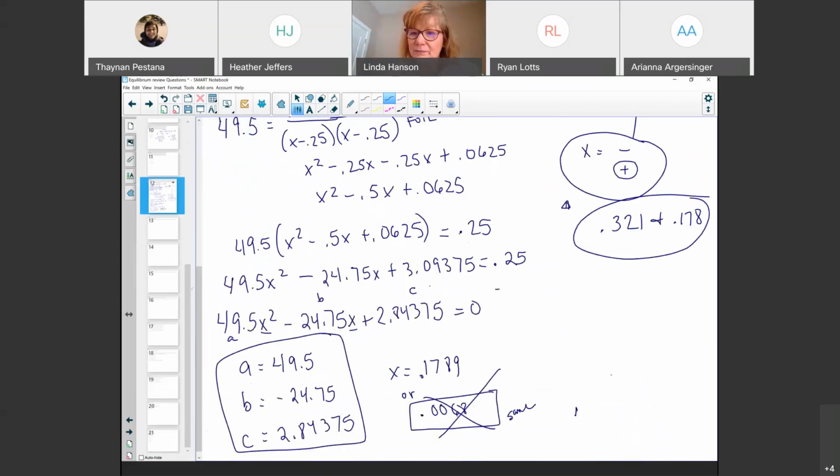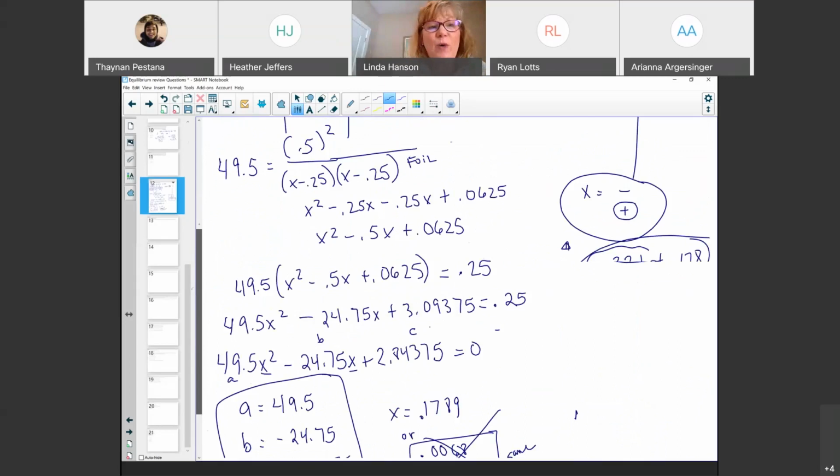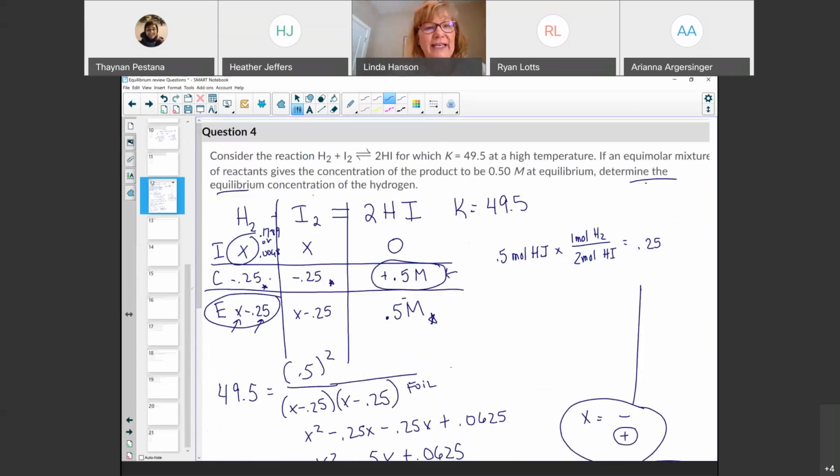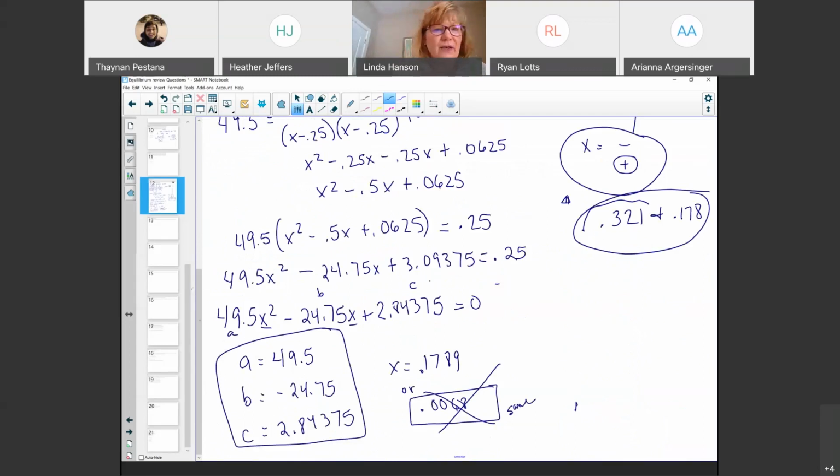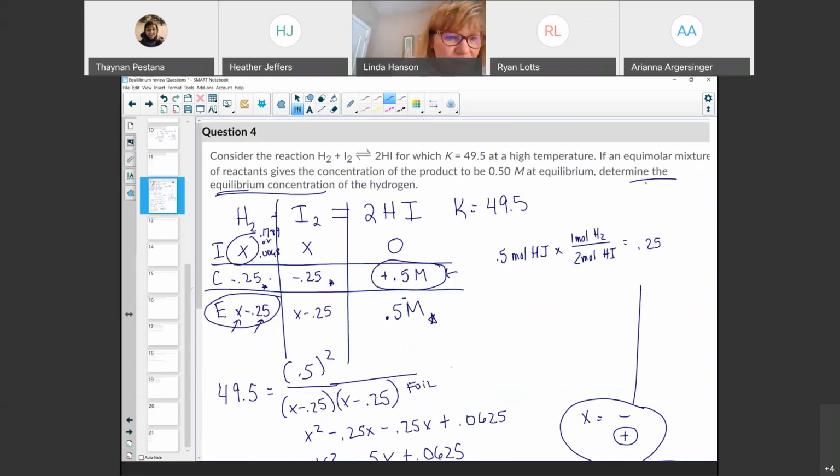So, quick question then, would the value that we pick for which one's the right one be 0.321? Interesting, go back to the question and be careful, reader. Determine the equilibrium concentration. So you're almost to the right answer, right? Because at that 0.321, 0.321 minus 0.25 would actually be the multiple choice answer you'd have to select.